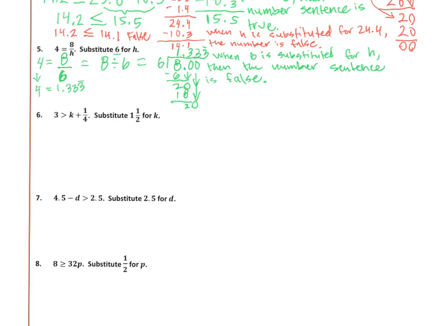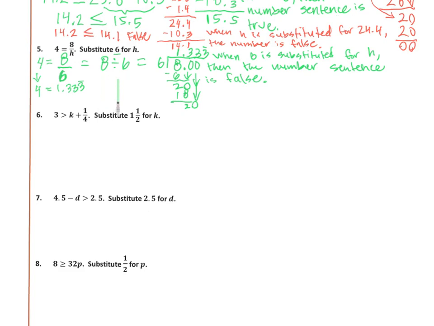So how do we make it true? Well, to make it true, we have to get something that is going to be equal to 4. So what can we divide 8 by to get to 4? So instead of substituting 6 for h, what number could we substitute to get 8 to equal 4 when dividing?